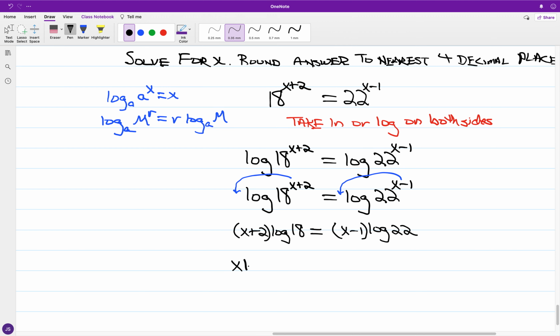So just separating, you have x times the base 10 logarithm of 18 plus 2 times the base 10 logarithm of 18 is equal to x times the base 10 logarithm of 22 minus the base 10 logarithm of 22.